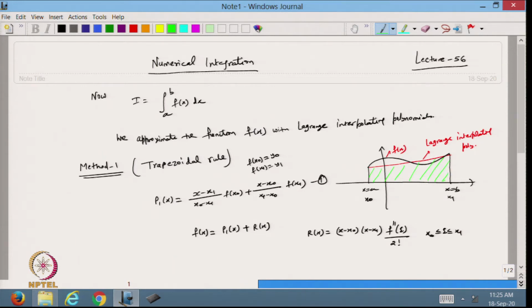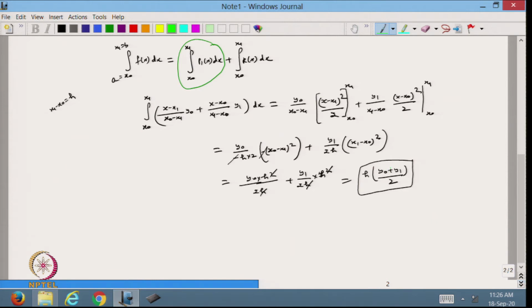If I want to find the area of this trapezoid, it is the average of the parallel sides, that is (y0 plus y1) by 2, multiplied by the distance between them, which is h. So that is the area of the trapezoid. The same value we are getting here, which is the same as the area of the trapezoid.